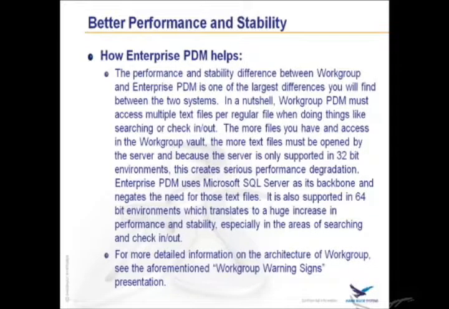Okay? As you can probably tell, as you start opening more and more stuff and storing more and more stuff in the vault, these text files are growing exponentially in terms of the number of files you're putting in the vault. That becomes a problem because Workgroup is only supported in 32-bit environments, so it can really only access 2 gigs of RAM at a time. And these text files add up fast in terms of how much memory they take.